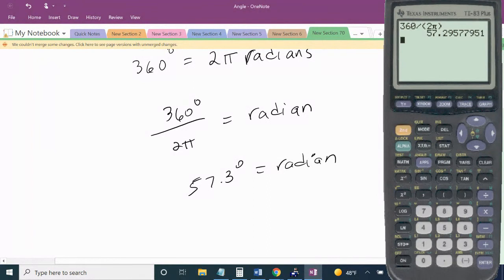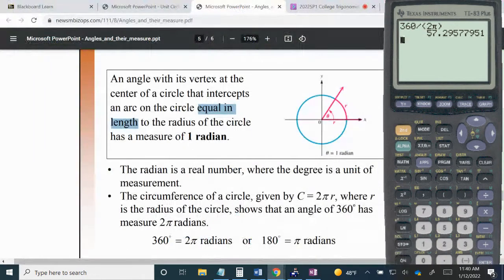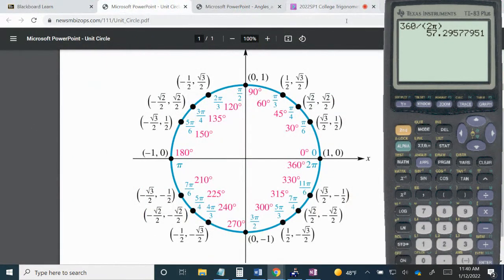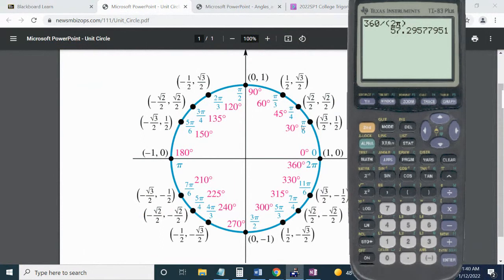Now I want you to understand that this radian is an understood value. Here's what I mean by it's an understood value. If I were to go back to the unit circle, and I'm going to put in pi over 6, notice I don't actually get 30 degrees.